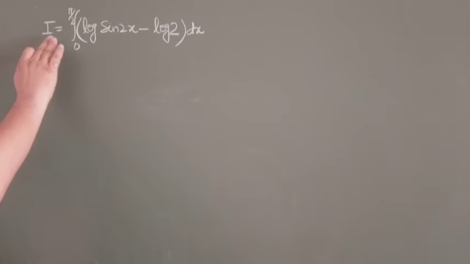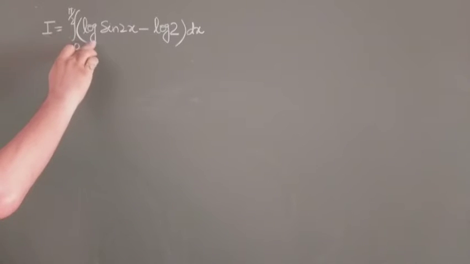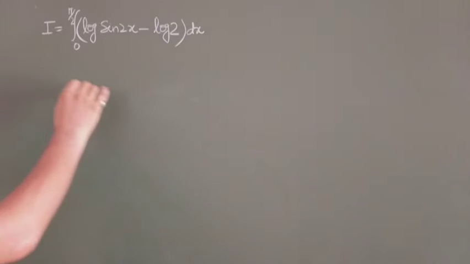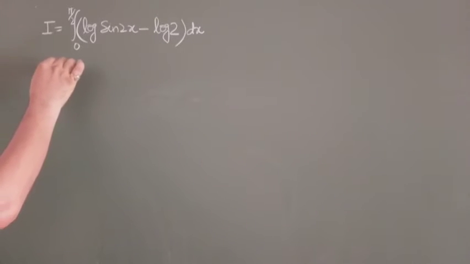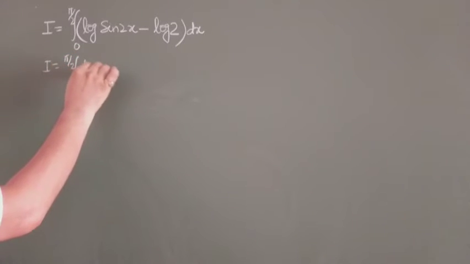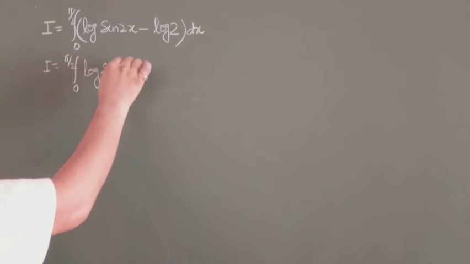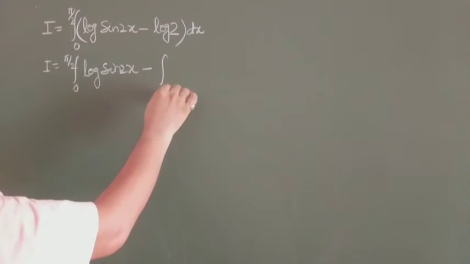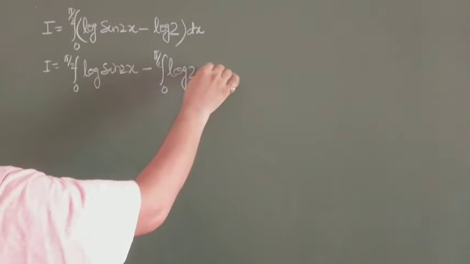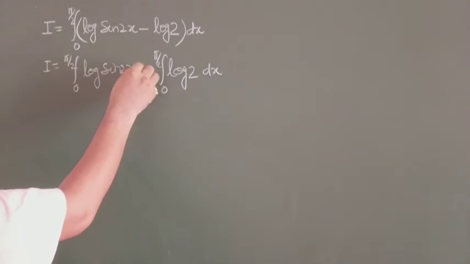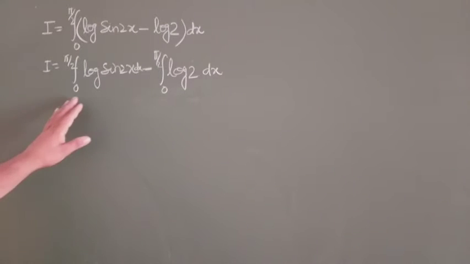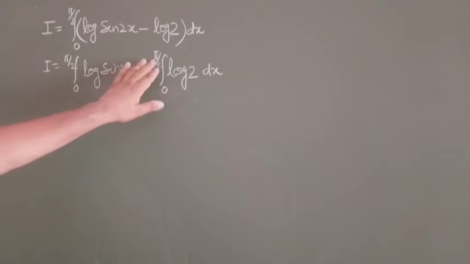Now students, I equals to 0 to pi by 2 log sin 2x minus log 2, correct? We can write separately both of them, 0 to pi by 2 log sin 2x dx minus 0 to pi by 2 log 2 dx.